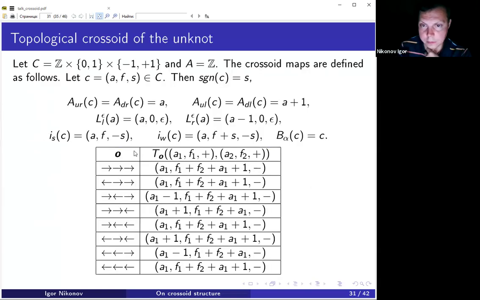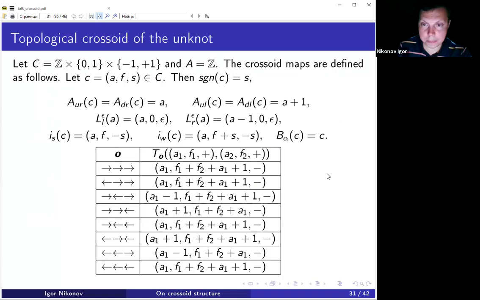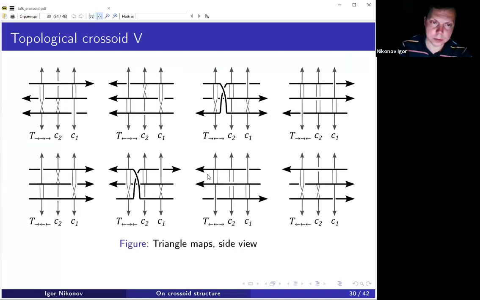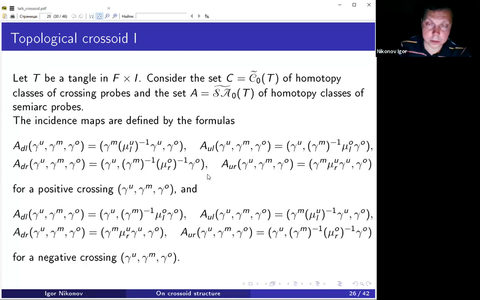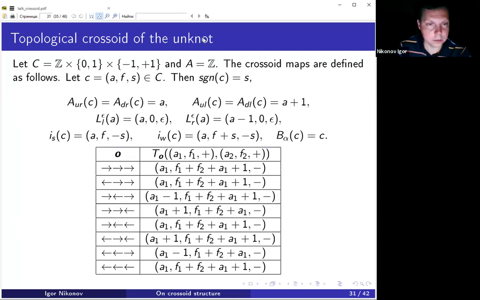And then we get some formulas for bigon maps and triangle maps. So you can look at these formulas in the arXiv paper. Okay. So all these maps will give us a crossoid structure, which is called the topological crossoid of the knot. And in the special case, when we consider the unknot, this topological crossoid will be the product of the integers by {0, 1} by {minus 1, plus 1}.